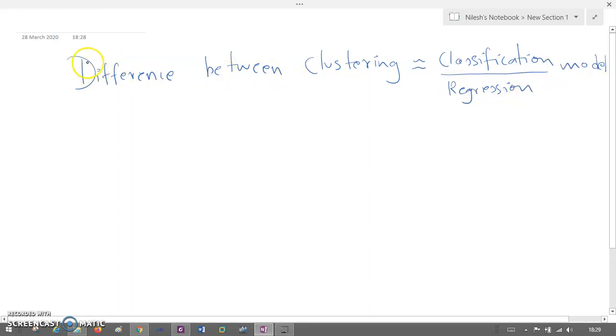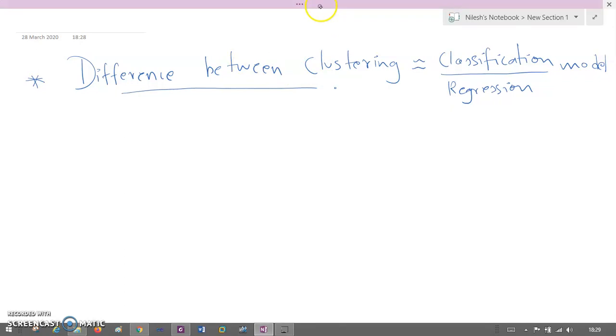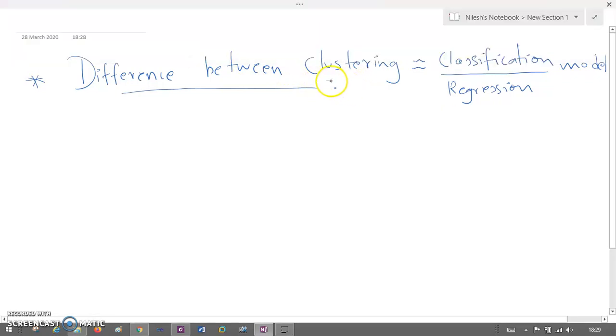One thing I already told you in the very first lecture of unsupervised learning is that we have different data sets for unsupervised and supervised learning. So remember that clustering is an unsupervised learning technique, and classification and regression are supervised learning techniques.